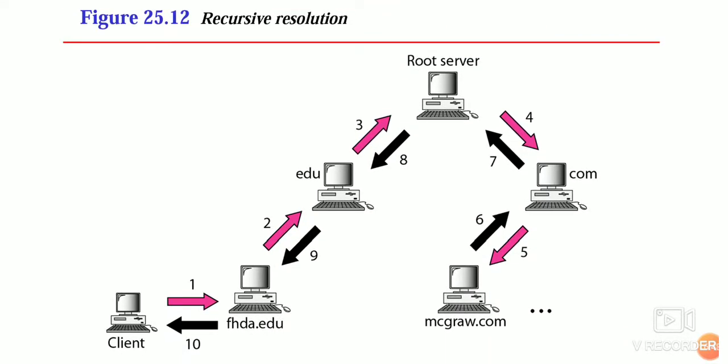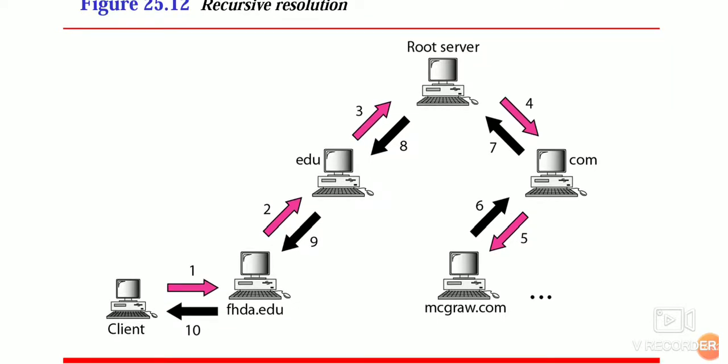The first example we are going to see is recursive resolution. For example, the client makes a DNS request and the DNS detail is not available in cache memory. Now how is it going to happen? First the request goes to the immediate server, and from there to education. fhda.edu is the nearby server to me.